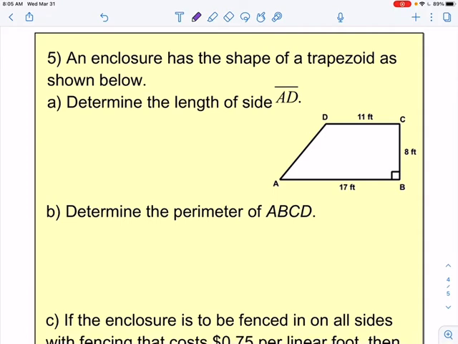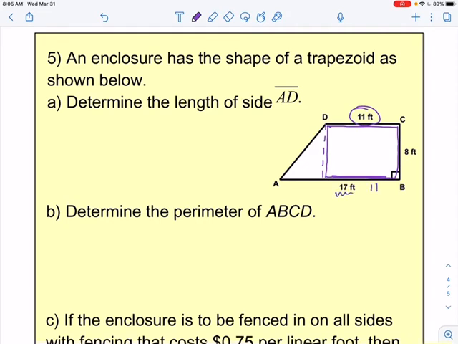To find side AD, all I'm going to do is drop another altitude from D down to AB. That's going to make the figure that I'm highlighting in purple a rectangle, and opposite sides of a rectangle are congruent. So if the side up here is 11, that means this small purple piece over here is also 11.